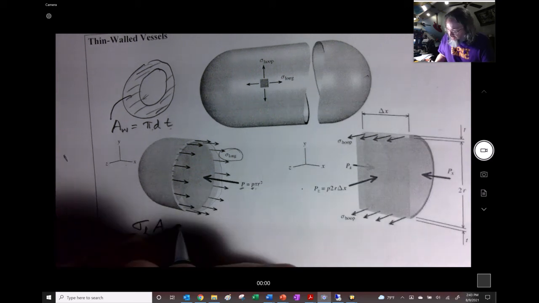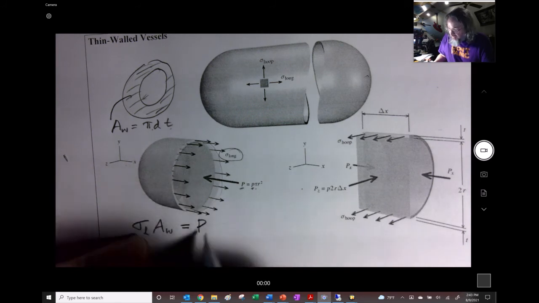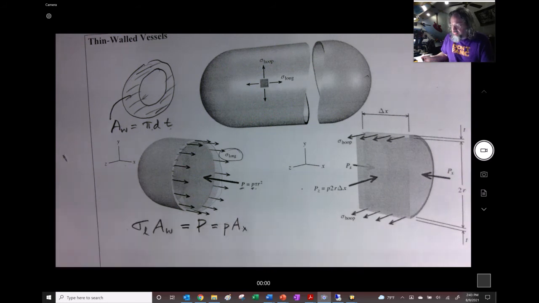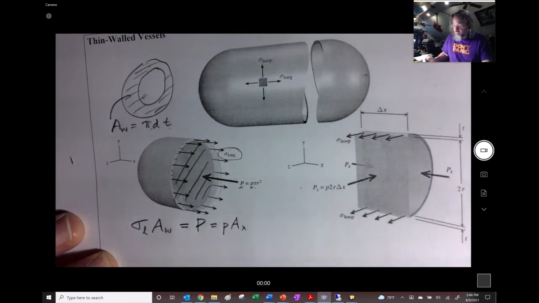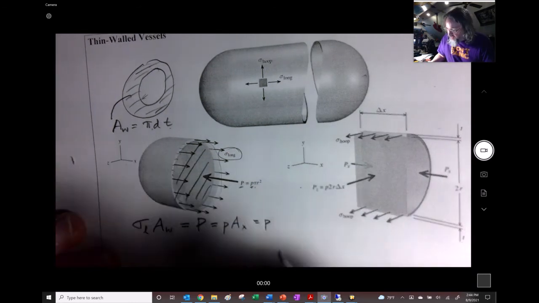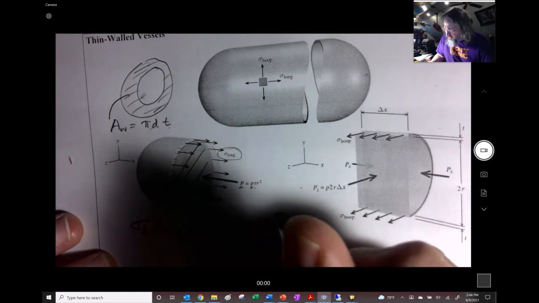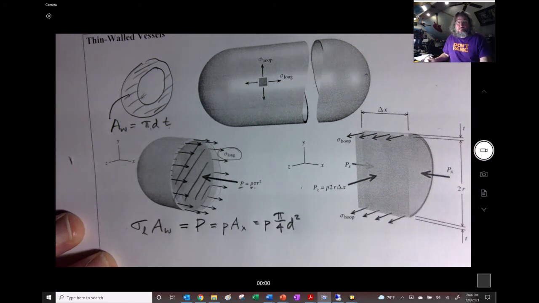So we would set that equal to what they're saying is capital P, which is going to be pressure times the area. And so that's going to be this area right there, which is going to be pressure times pi over 4 d squared, right?